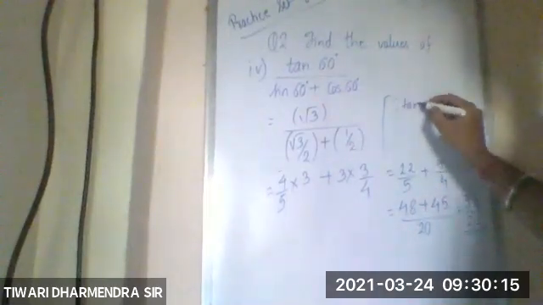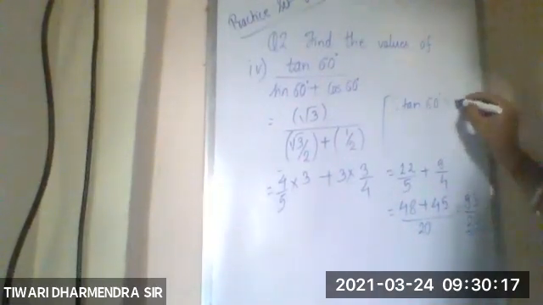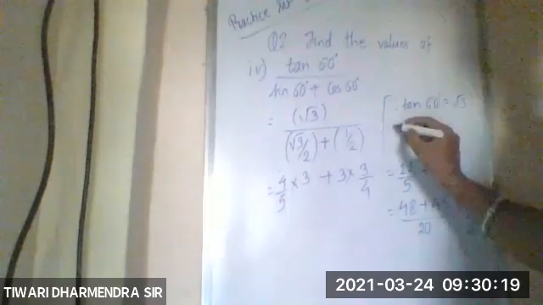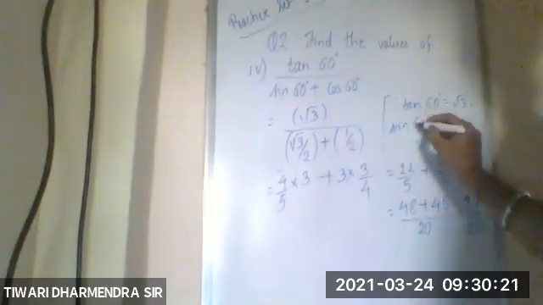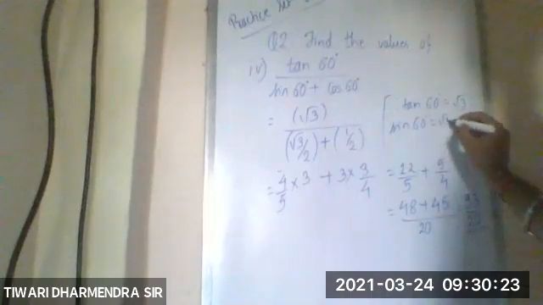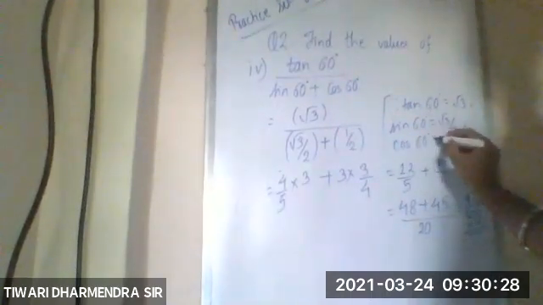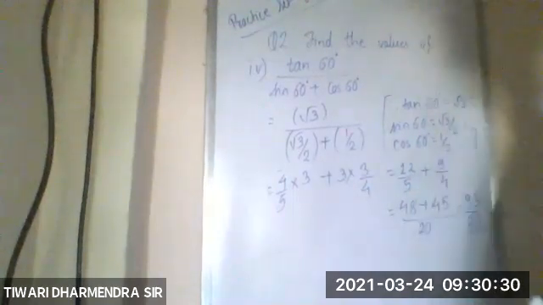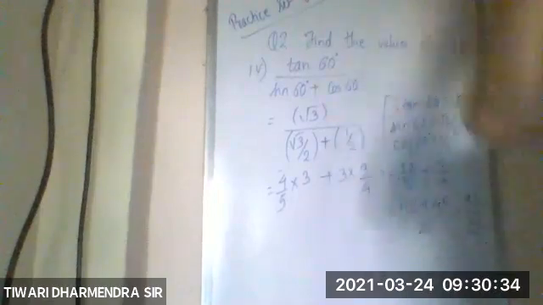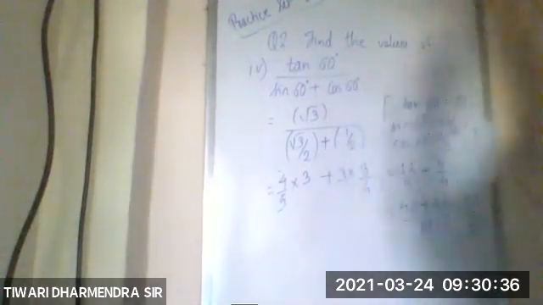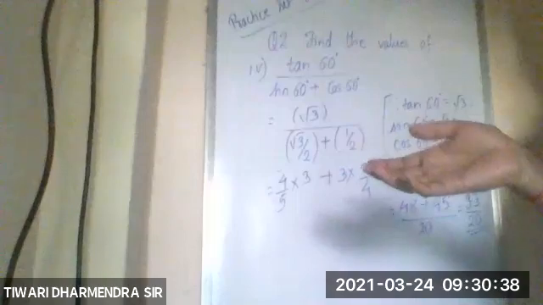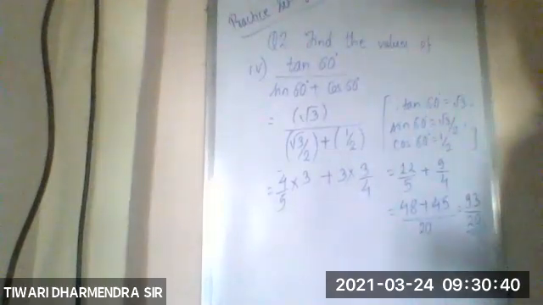Since tan 60 degree is equal to root 3, sine 60 degree is equal to root 3 by 2, and cos 60 degree is equal to half. You can write like this. Not an issue. Even from the trigonometric table is understood, and if you write the direct values, then also it is understood.